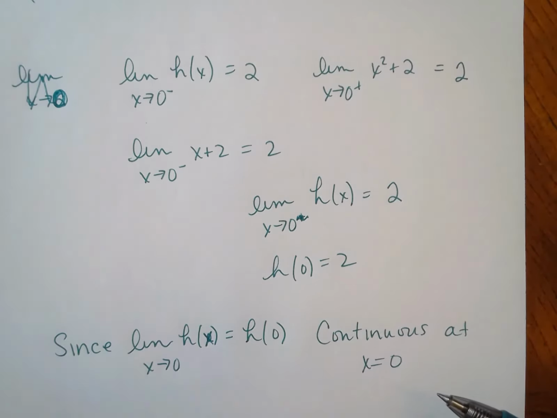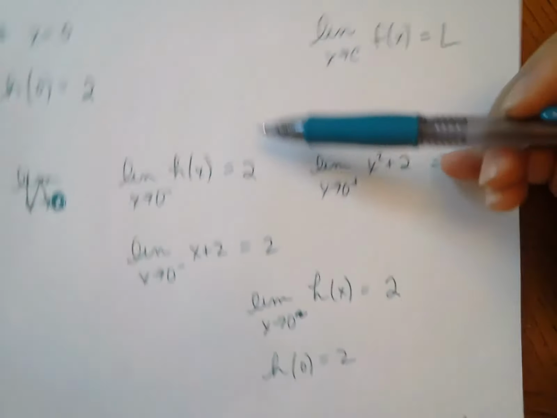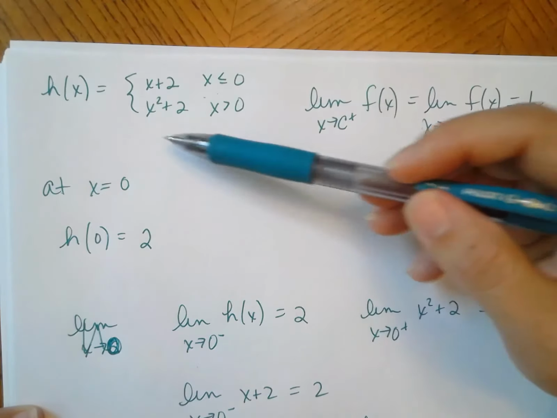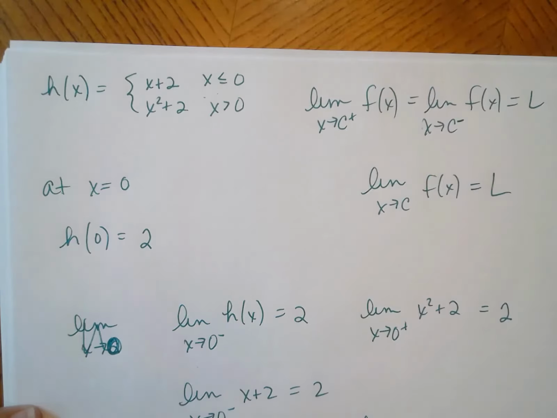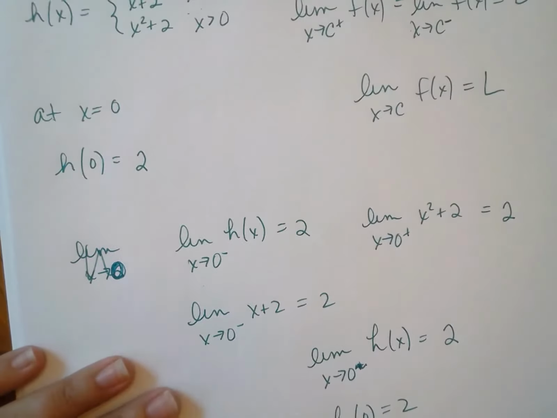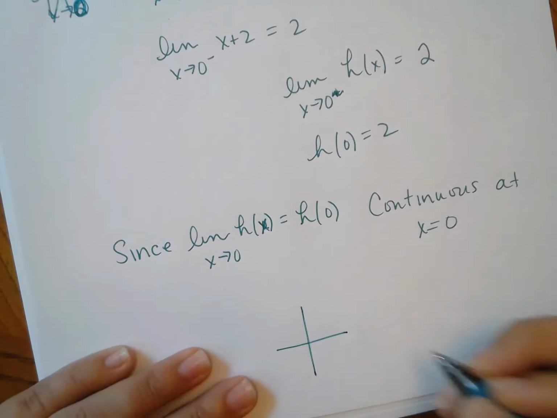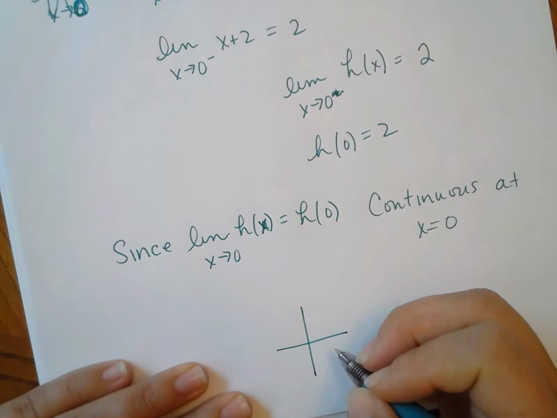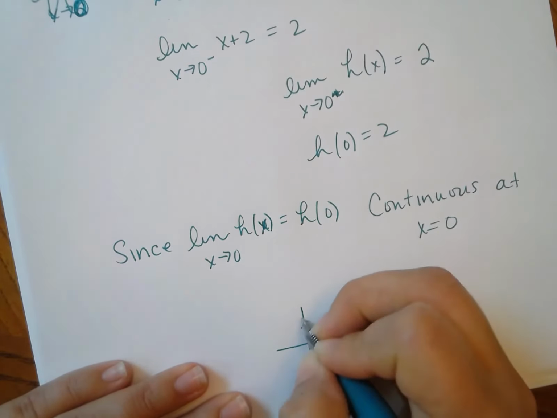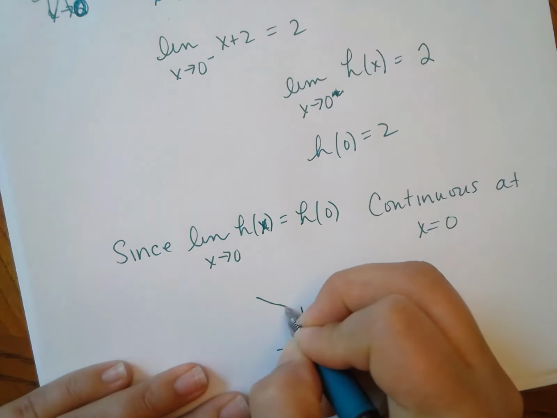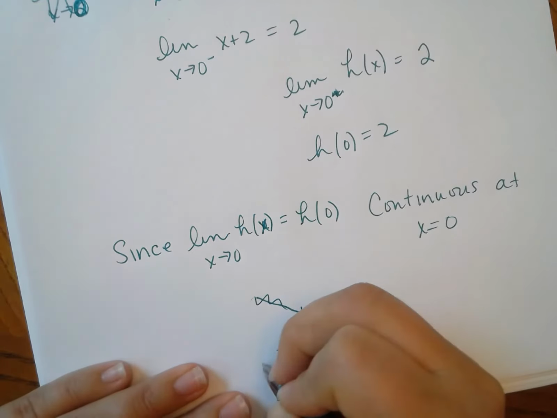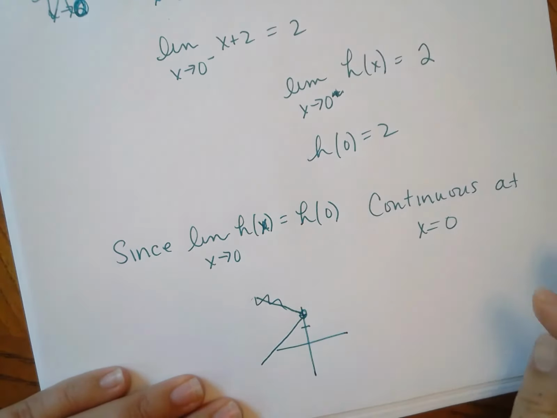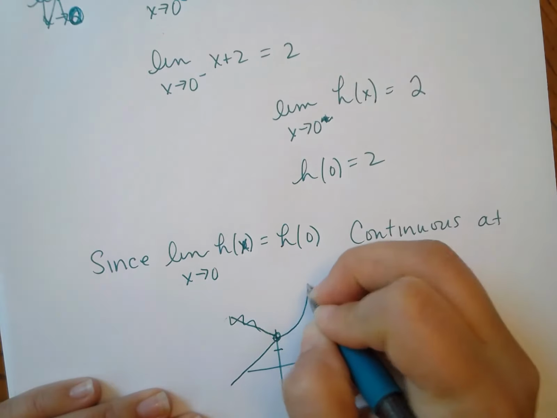So in this case, my function is continuous everywhere, because it was built from continuous polynomials, and they are attached here at x equals 0. The graph will have a little bit of a bend to it. If you imagine what this graph looks like, on the left-hand side it looks like this, and then on this side it looks like this.